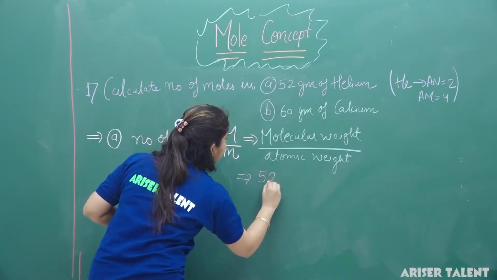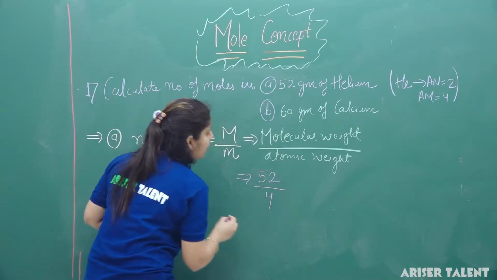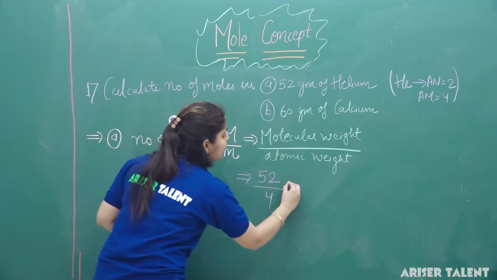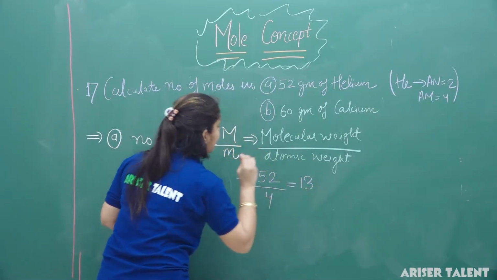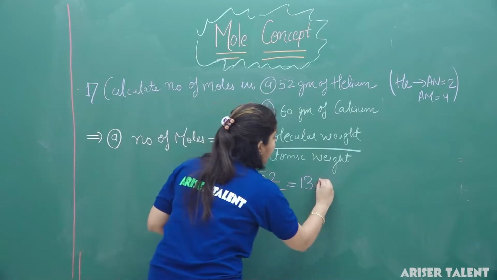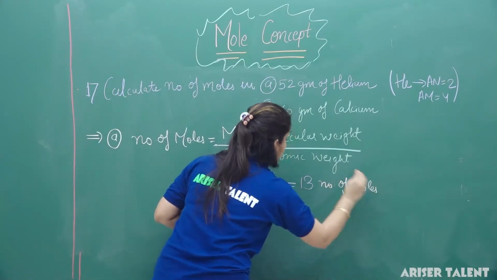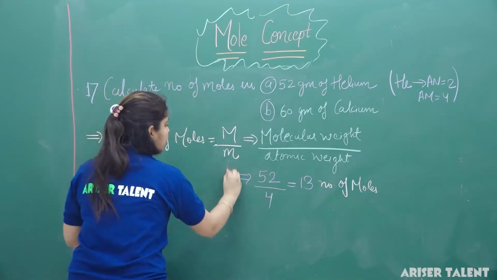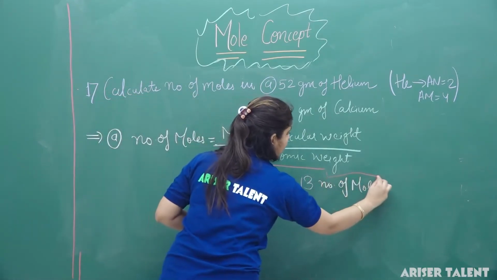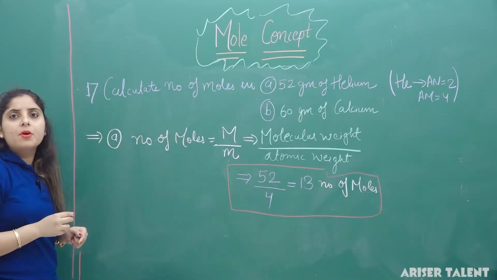So we will take 52 in the numerator, we will take 4 in the denominator. If we are going to solve this equation, we will get 13. So the number of moles present will be 13. So this is a formula for calculating the number of moles.